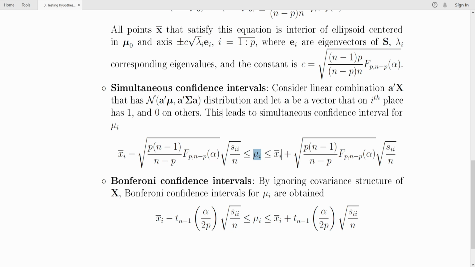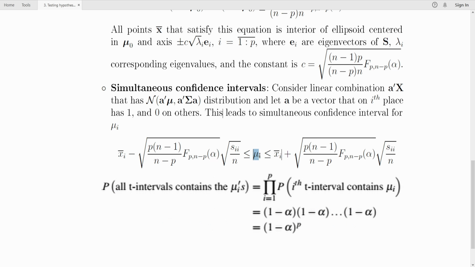But then we ignore the covariance structure. And not only that, but when we want each of these means to have a confidence interval with confidence level 1 minus alpha, and we have p of those, the probability that all t intervals contain their mu is actually going to be 1 minus alpha to the power of p, because we have p variables. So for each one we have 1 minus alpha probability: 1 minus alpha times 1 minus alpha times dots times 1 minus alpha.